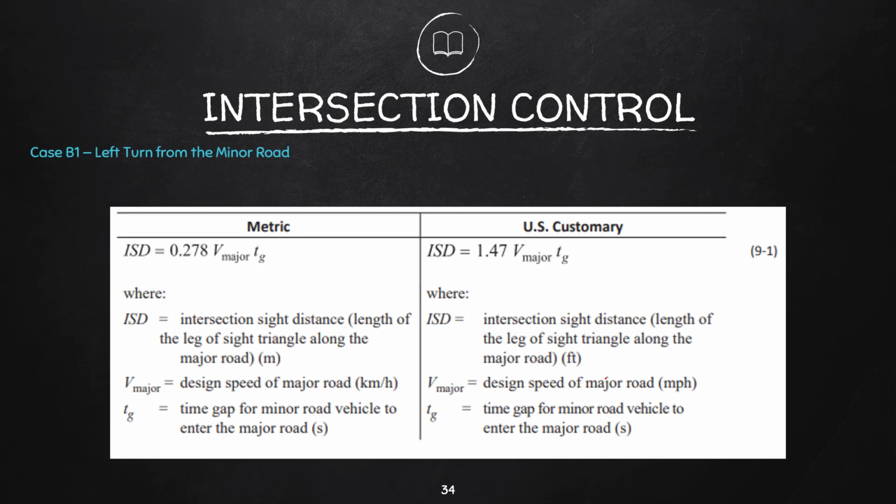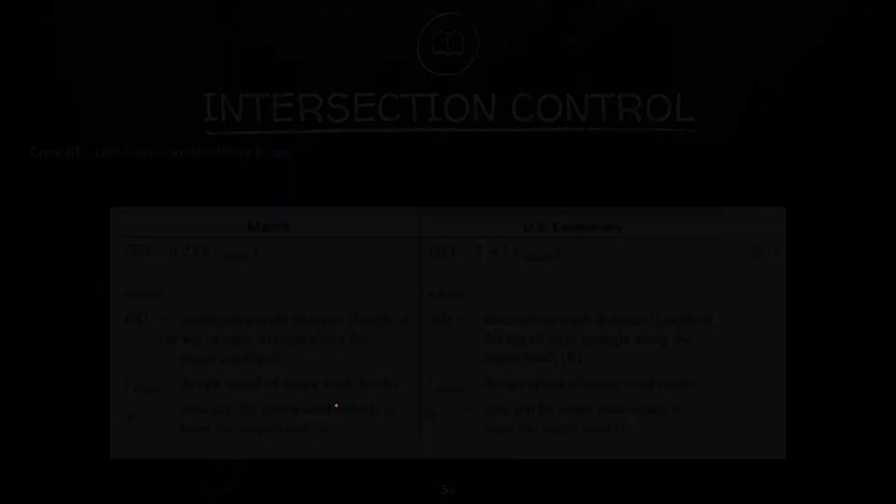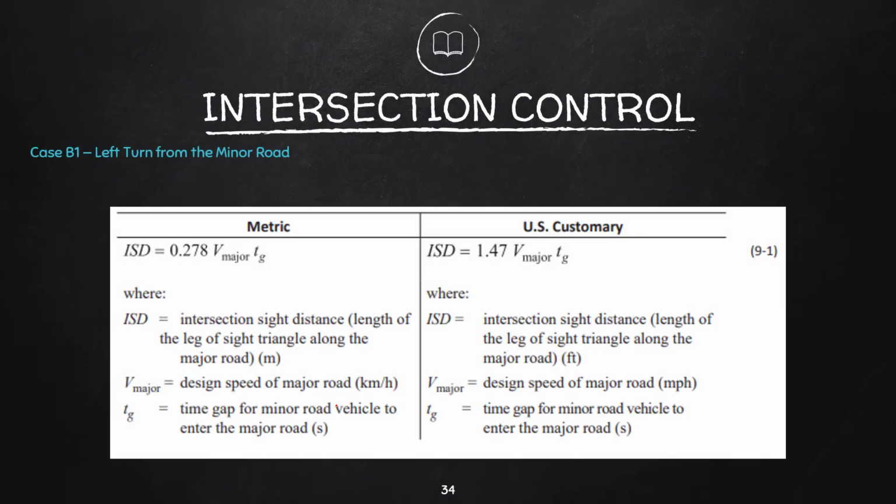So here is the determination of the ISD, intersection sight distance, or the length of leg of the sight triangle along the major road. For case B, 0.278 is just a conversion factor from kilometers per hour into meters per second. The ISD value here should be in meters, and of course the time gap will be taken from Table 9-5, in seconds.